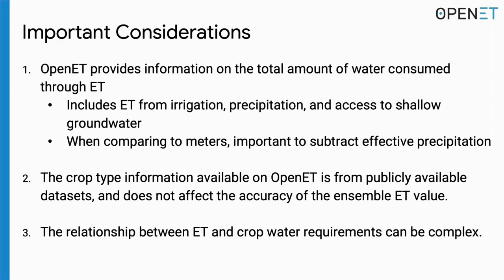Second, the crop type information available on OpenET, as well as the field boundaries, it's all from publicly available data sets. And the crop type information is really there to assist with interpretation of the data. If there's any errors, those do not affect the accuracy of the ensemble ET value. And then third, the relationship between evapotranspiration and crop water requirements can be complex.